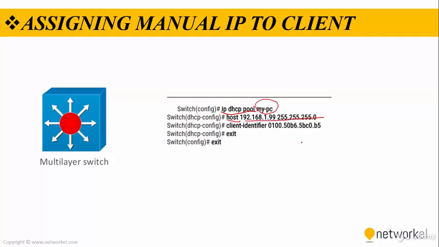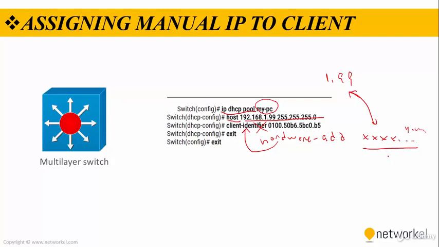And second, I'm defining a client identifier, or I can use the hardware address command, which is easier. Hardware address and the MAC address of the device. So as soon as I do this, I'm assigning the 1.99 IP to the device with the MAC address XXXX and YYYY, whatever it is.